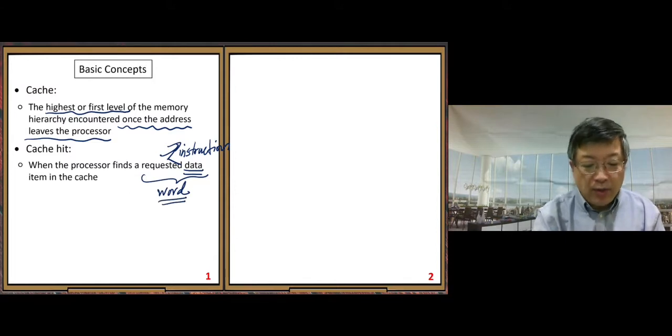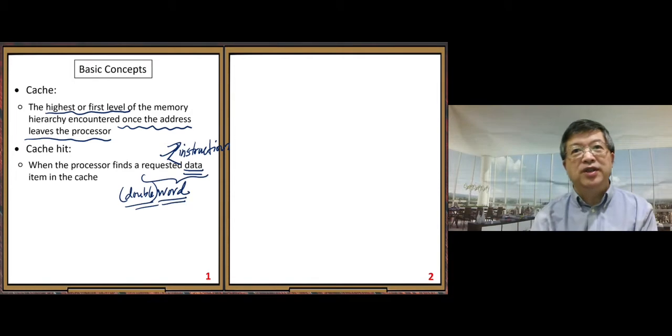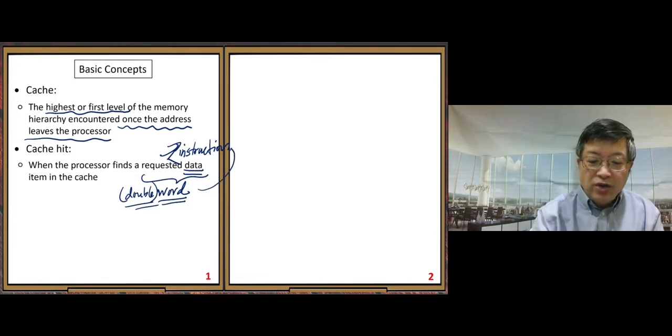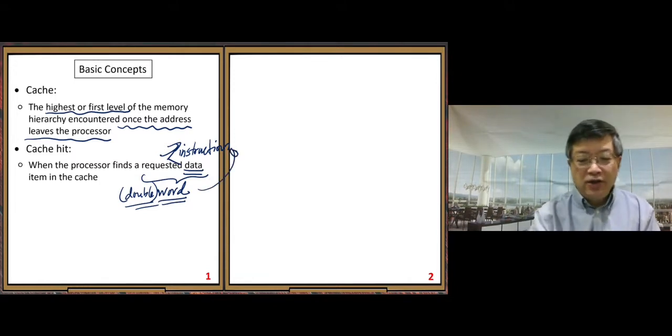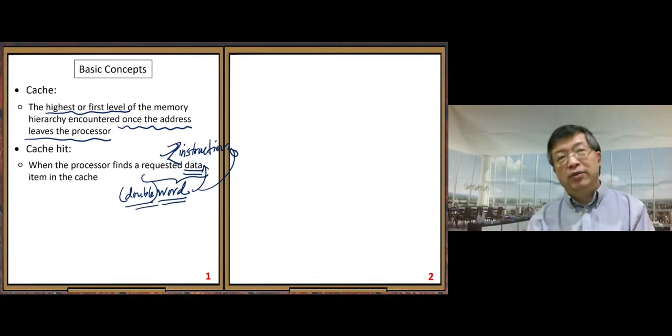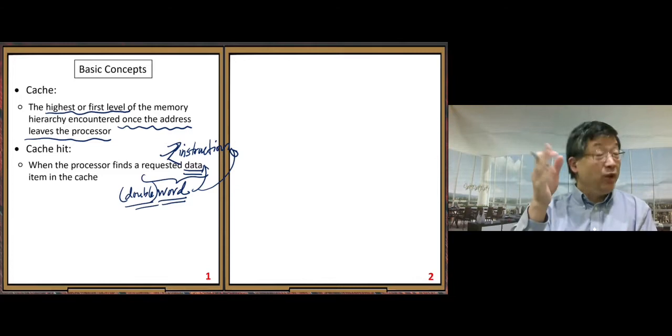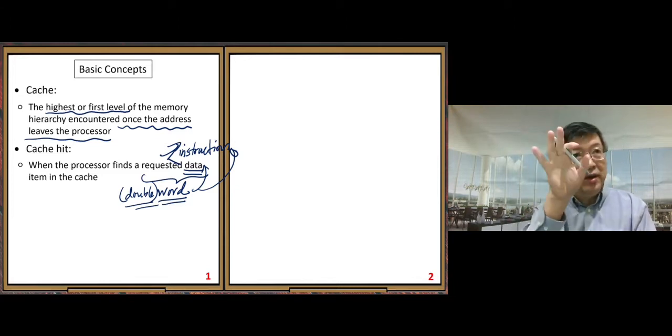The word could be a double word, but we just say general word. Later we will see this one. When we say requested word, it could be an instruction word, and it can also be a data word, so it will cover both cases. Anyway, we just try to understand the meaning more precisely.